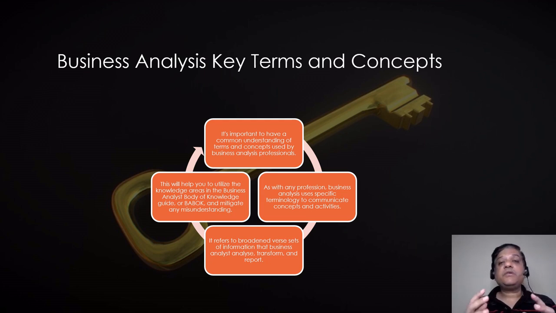A solution should ultimately satisfy a need, resolve a problem, or use an organization's strength to exploit an opportunity. The effectiveness of the solution can be measured only using KPIs, the key performance indicators.